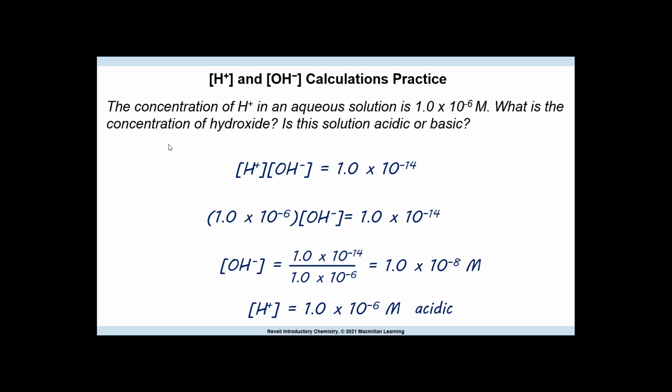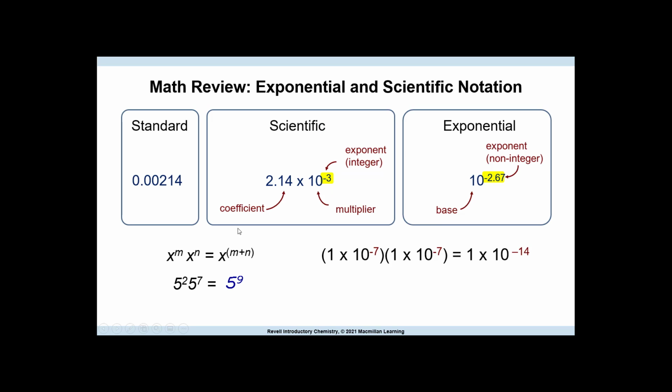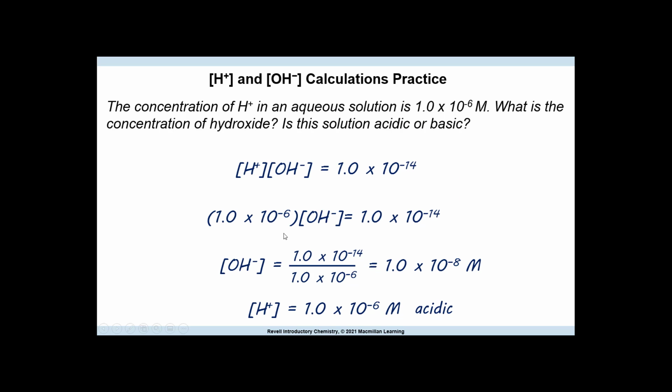By inspection, you recognize that the concentration of hydroxide ions must be, well, first let's look, we're going to use this equation. In order for this to equal that, it must be something close to 8, because if these two exponents are added together, it equals 14. So I'm trying to refer to this right here.